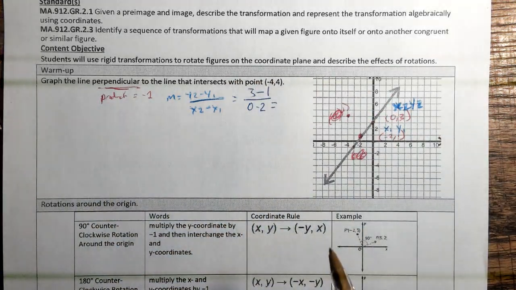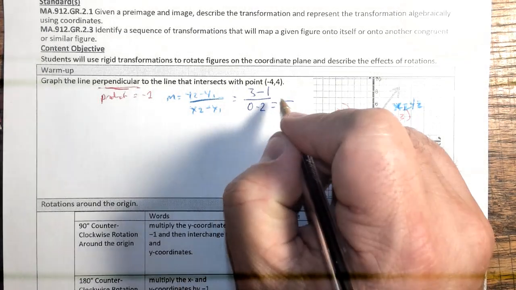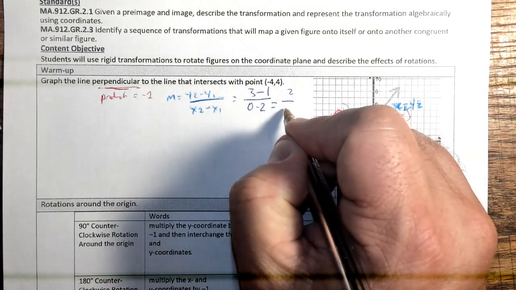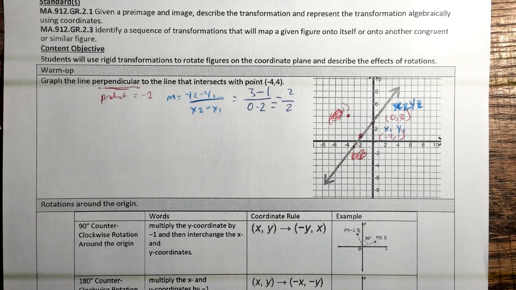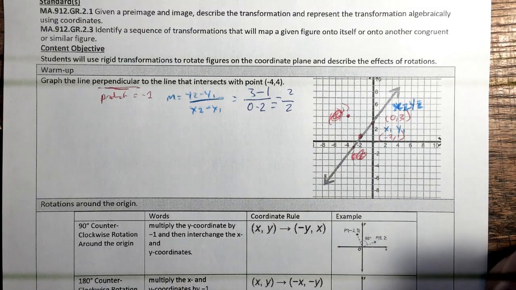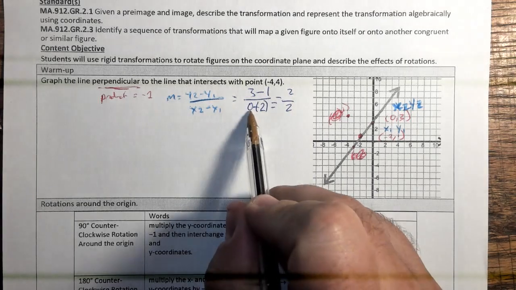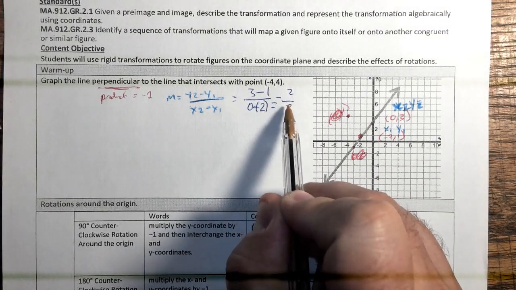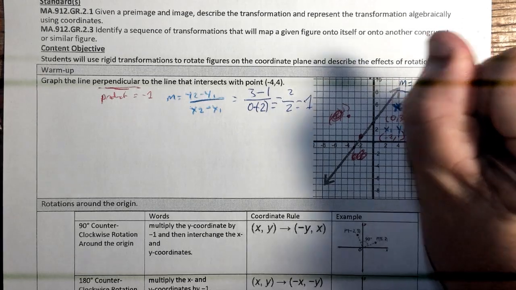So we end up with 2 over 2. The slope is 1 for this line.